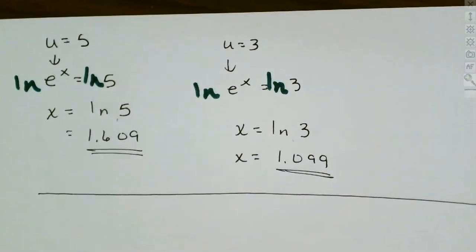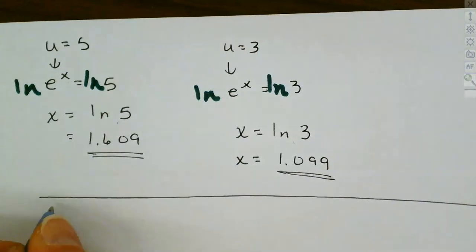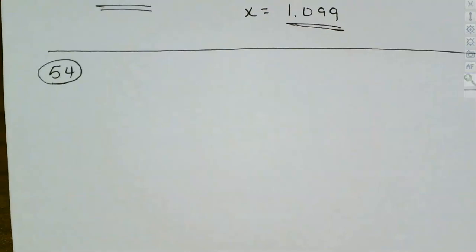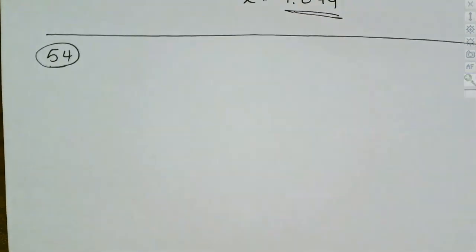So let's try another one to look at here. A little bit different on this one. This one the other class struggled a little bit with. 54. This is a good review. This question takes a little bit of time to go through.